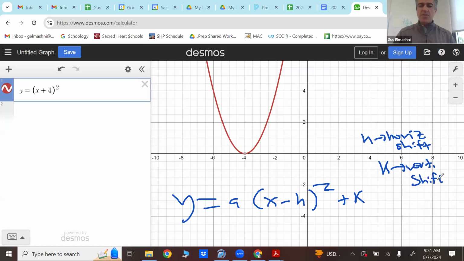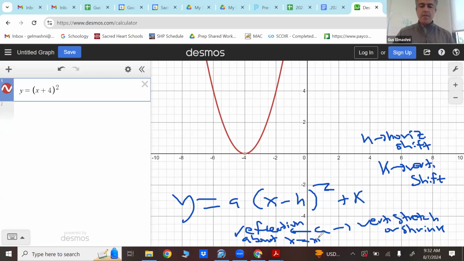We're going to have a discussion later in the notes. And A is what I call the vertical stretch or shrink. Also, it could be a reflection about the x-axis if it's negative. So those are all things that are attached to the function that can transform the graph.